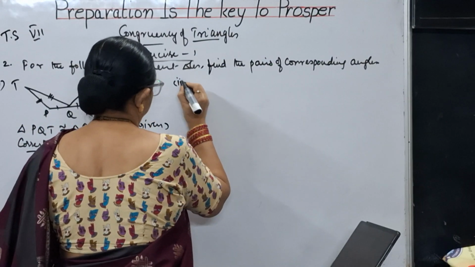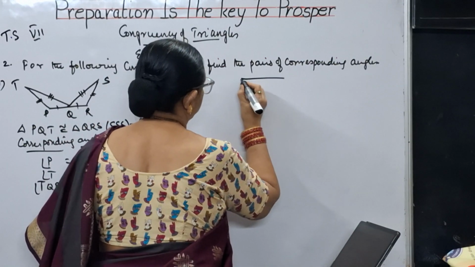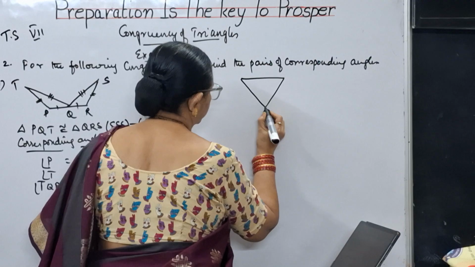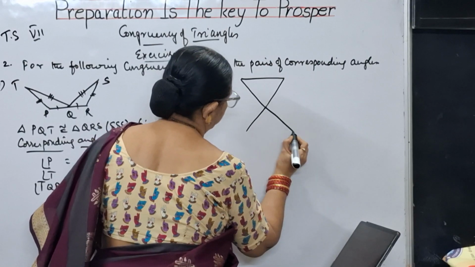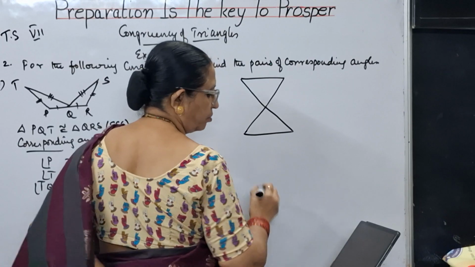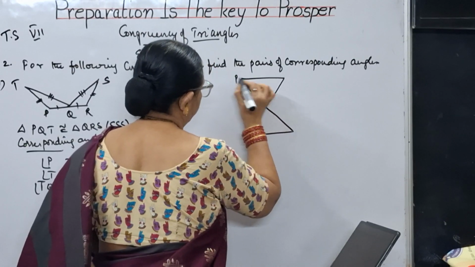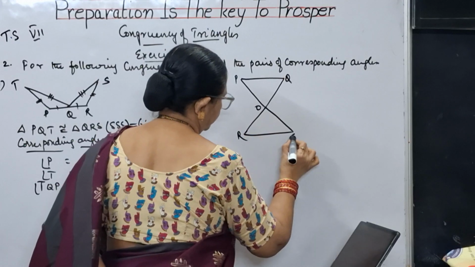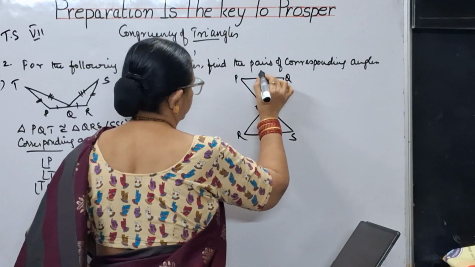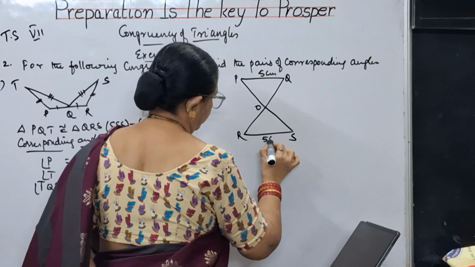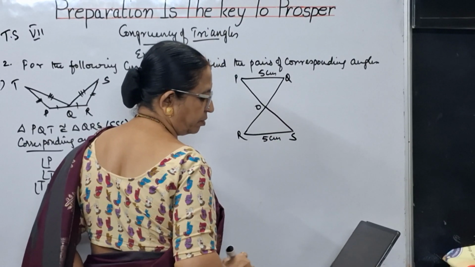And for the second figure, you have got a triangle in this way and another triangle like this. This is O, P, Q, R, S. This is 5 centimeters, PQ and SR also are 5 centimeters.